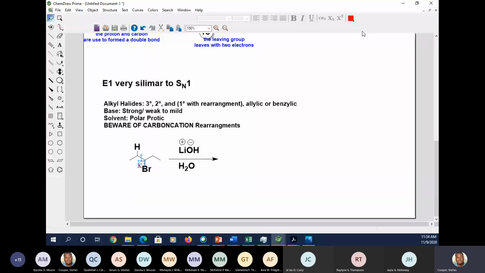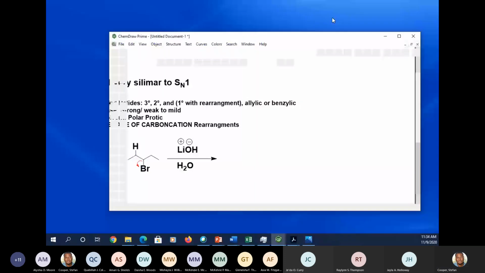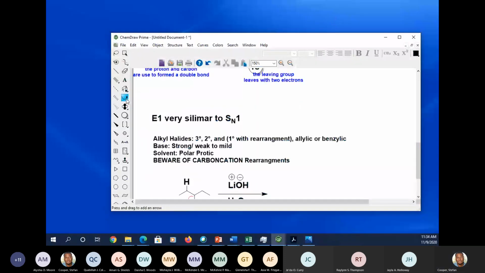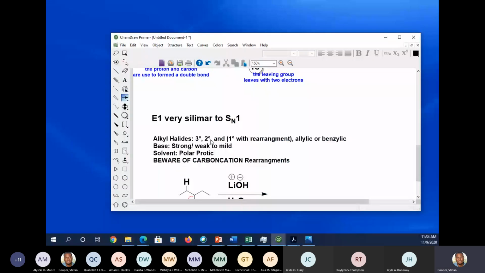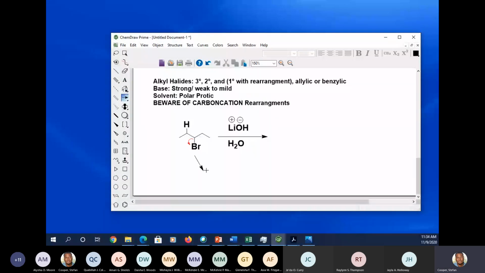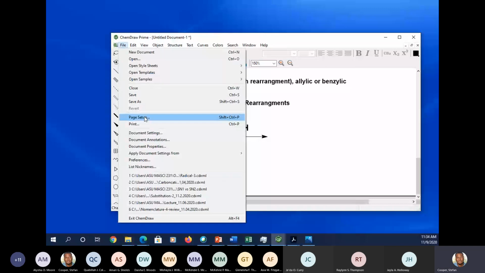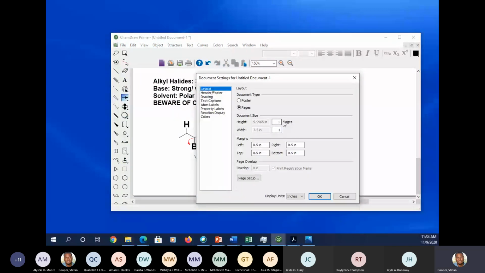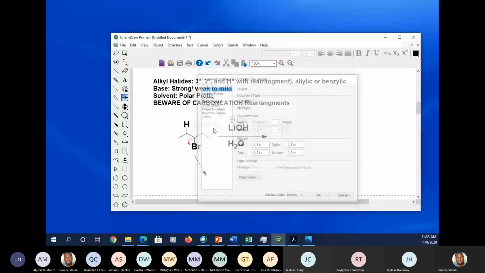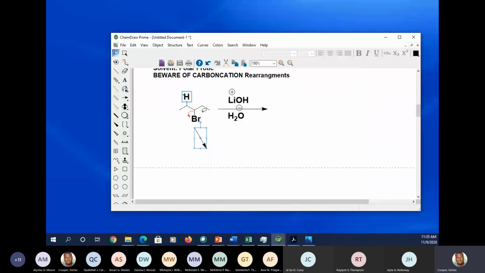All right, so the leaving group leaves, and I'm going to form an intermediate here. I'm going to form a carbocation.